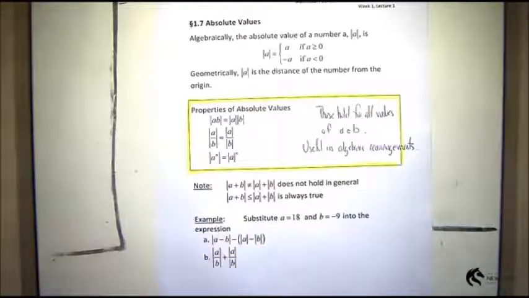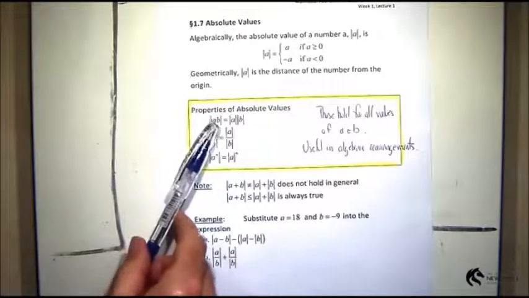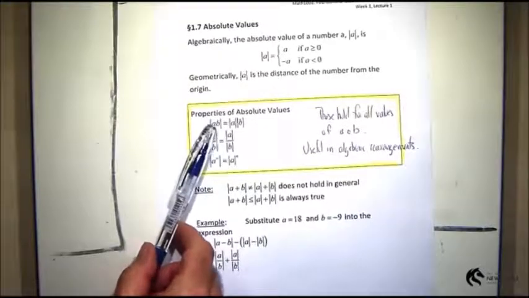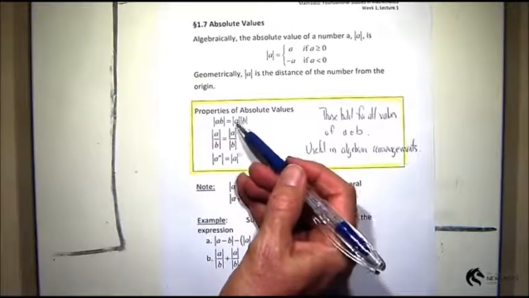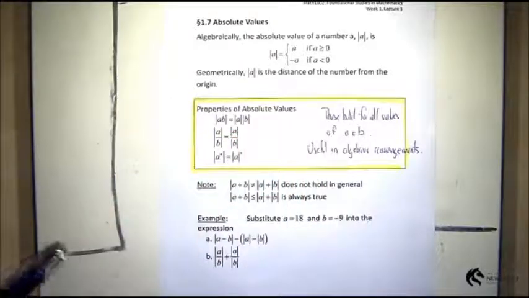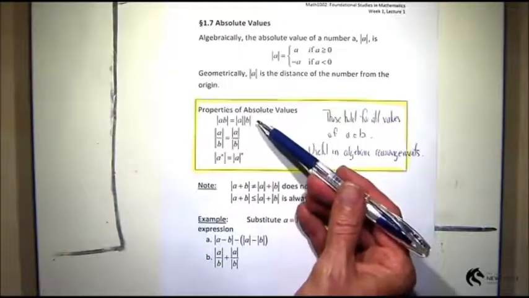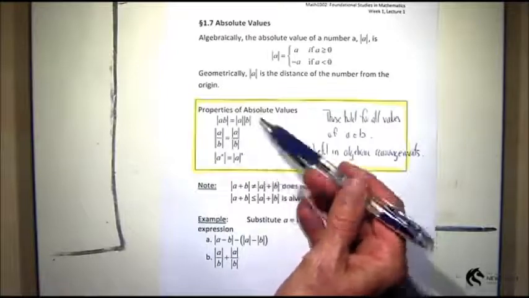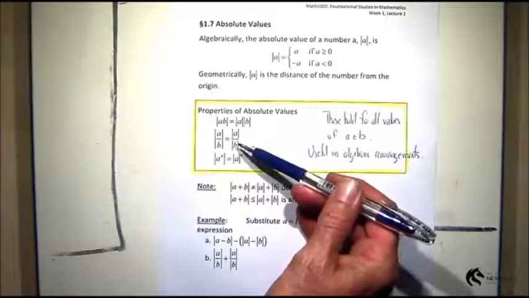For example, if I have two numbers and I multiply them and then take the absolute value, I get the same number if I take the absolute value of each and then multiply. That always holds. If you take a few numbers and substitute them in, you'll begin to see that they make sense.